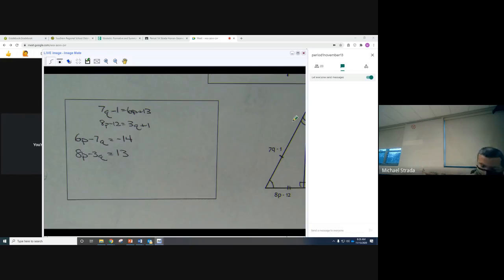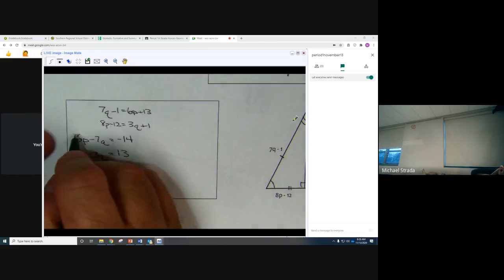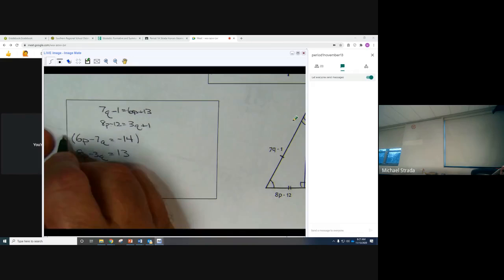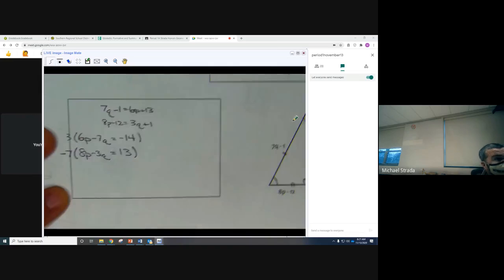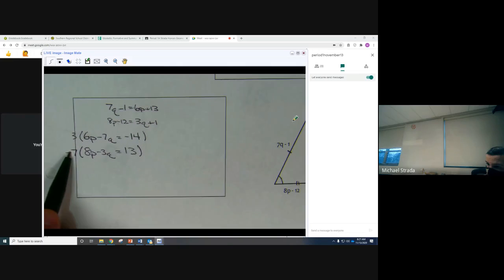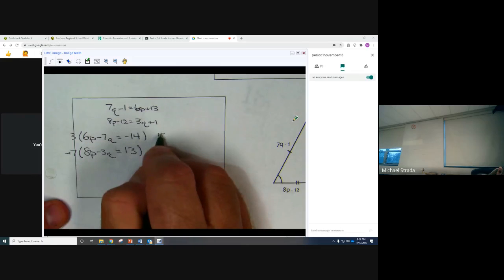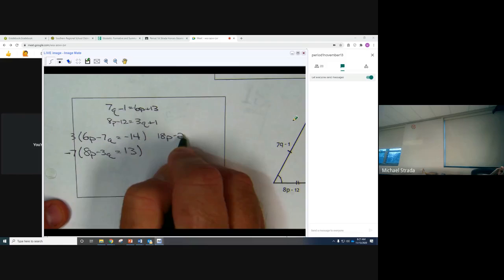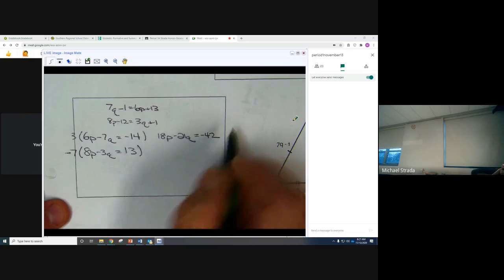Everybody good? All right. I'm just going to eliminate the q's because I want them to be opposites of each other. So I'm going to multiply the top one by 3 and the bottom one by negative 7. Everybody understands why the bottom one's negative? Because I want one to be positive and one negative. That would give me 18p minus 21q equals negative 42.